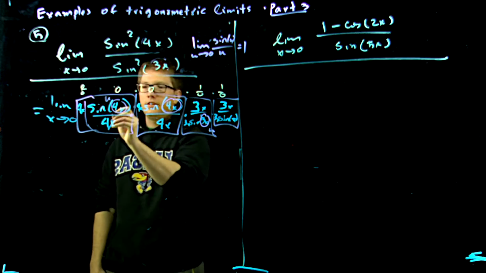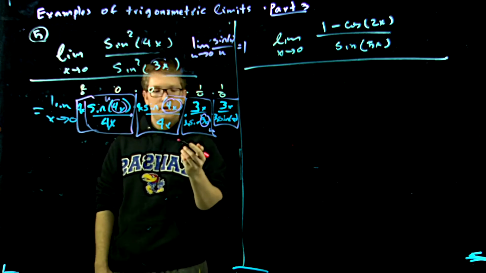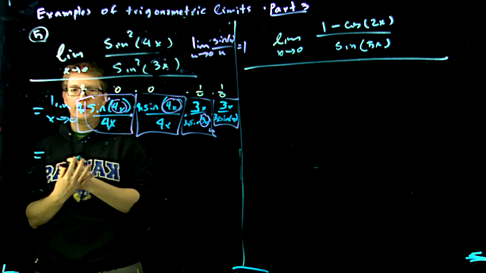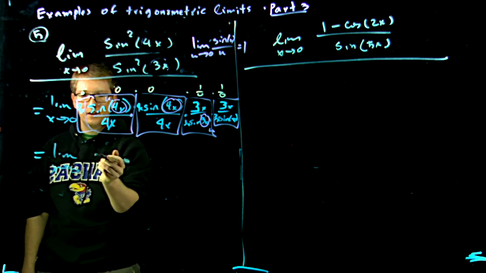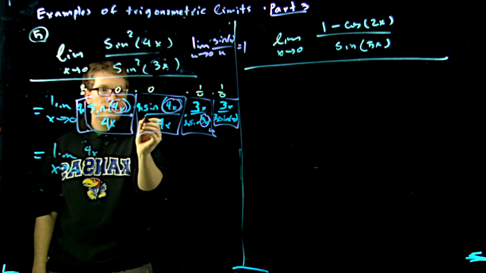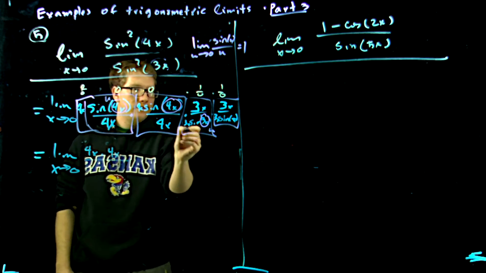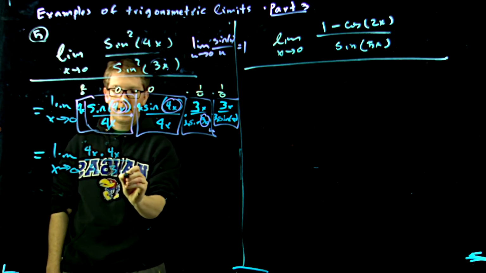Now, there are some additional parts where I have these 4x's which don't belong. So what I'm going to do is take all those parts that don't belong and concatenate them together. So I'll have something like the limit as x goes to 0. I'll have one 4x, I'll have this other 4x over here, I'll have this 3x from this, and then from here, I'll also have another 3x.